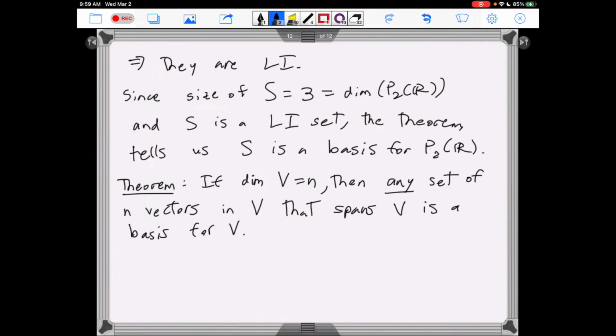You only have to check one of the two basis conditions.